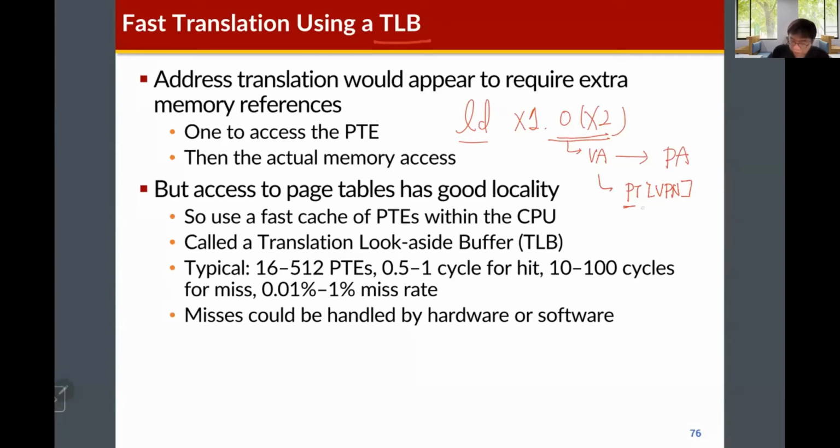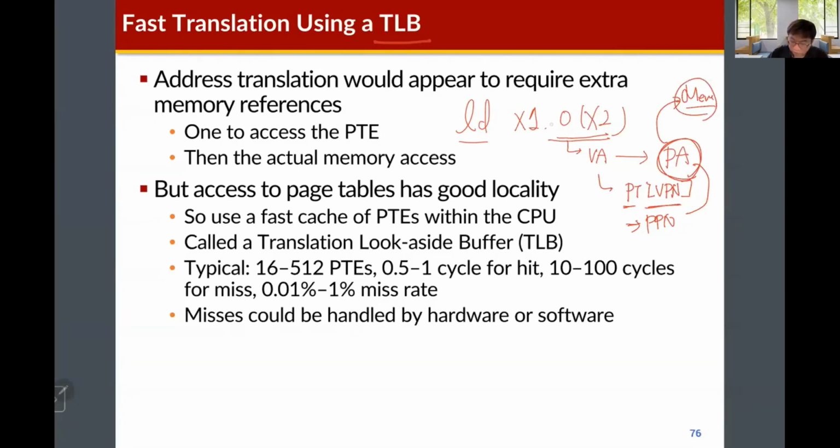For this translation, we need to access the PT with the VPN. When the PPN is read from this target entry of the page table, we can get the physical address of this load instruction, and with this physical address, we need to access the memory hierarchy.